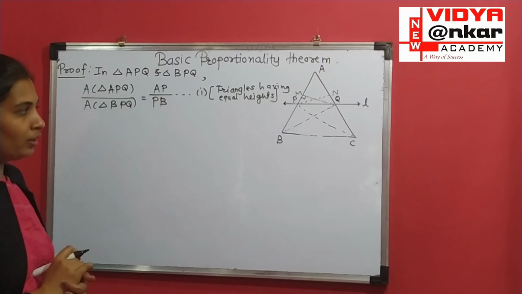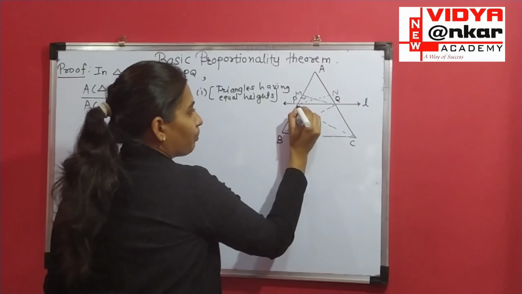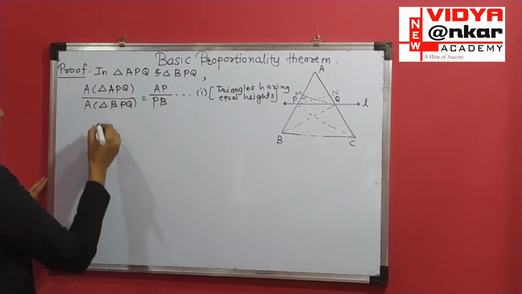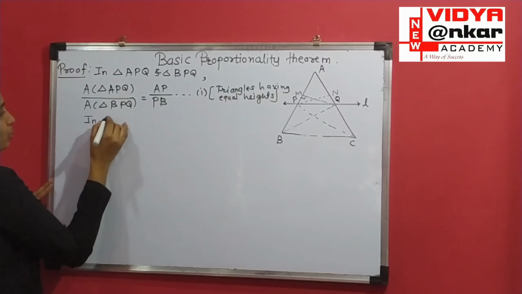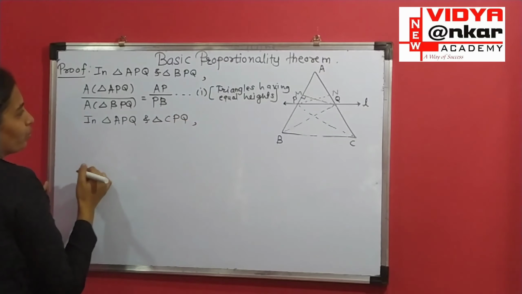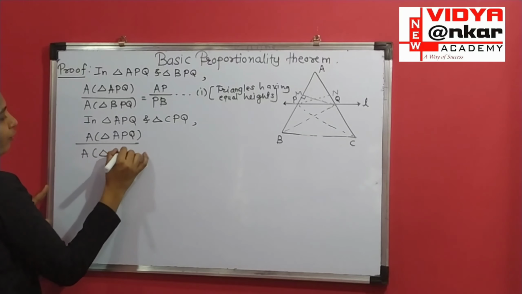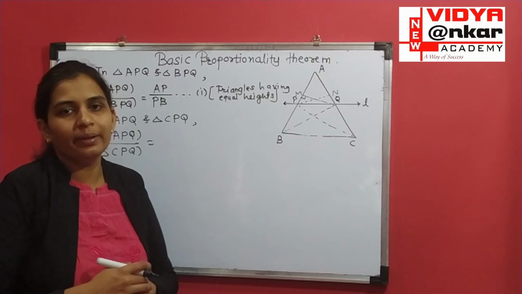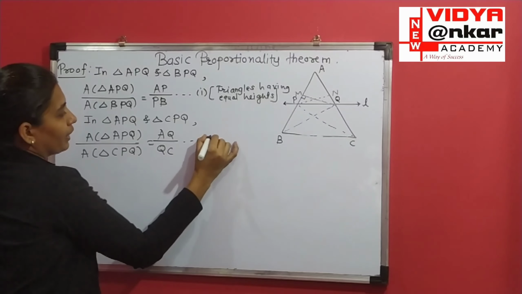Is it clear? I have just explained that they have equal heights, that these perpendiculars are the same for both the triangles. Next, we have to take triangles APQ and CPQ. So I can write here, in triangle APQ and triangle CPQ, area of triangle APQ upon area of triangle CPQ equals their corresponding bases, that are AQ and QC respectively.